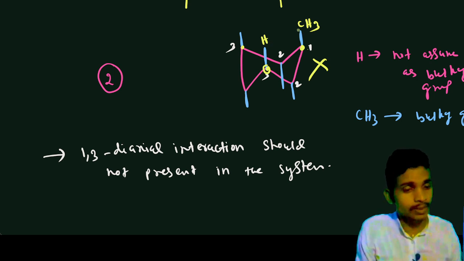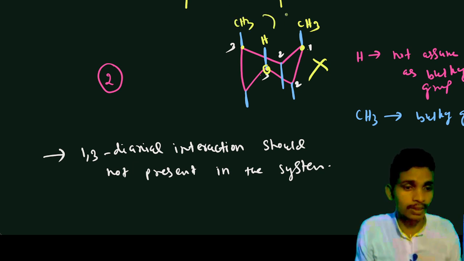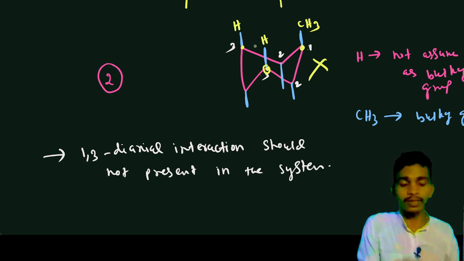If H is present, it's fine. One is bulky and the other is not bulky, then it's fine. Also if C is present, then the 1,3 diaxial interaction will happen. So here also a bulky group should not be present; if H is present here, then it's fine.